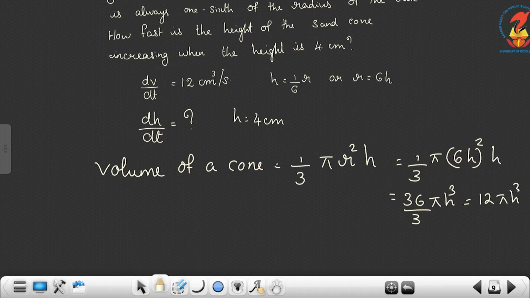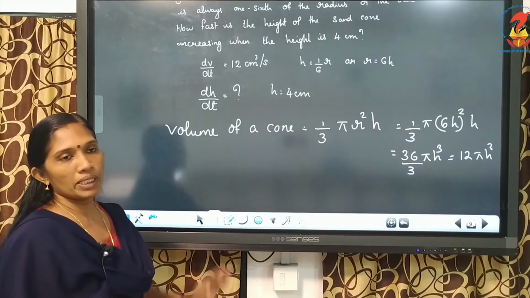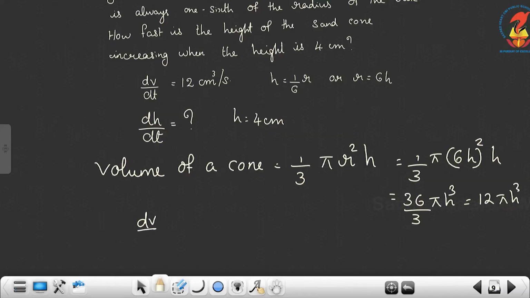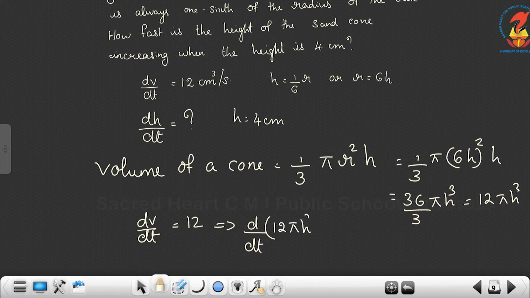So this is the volume of this particular cone. Now dV by dt is given, dV by dt is equal to 12, which implies d by dt of 12 pi h cube is equal to 12.